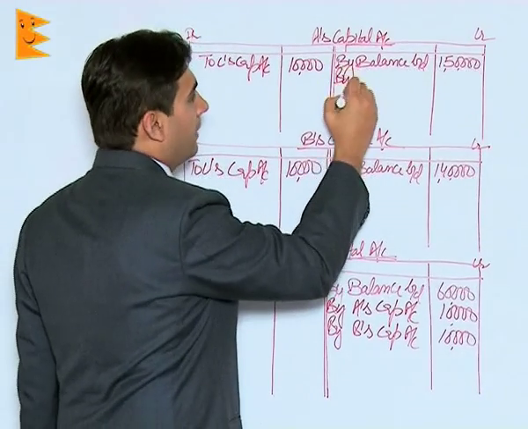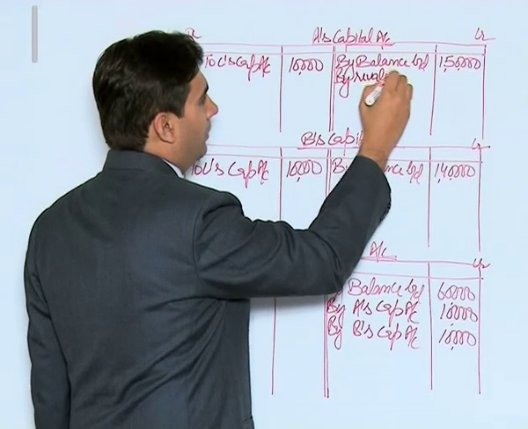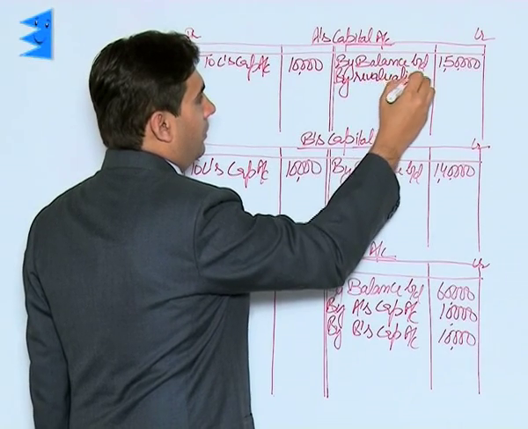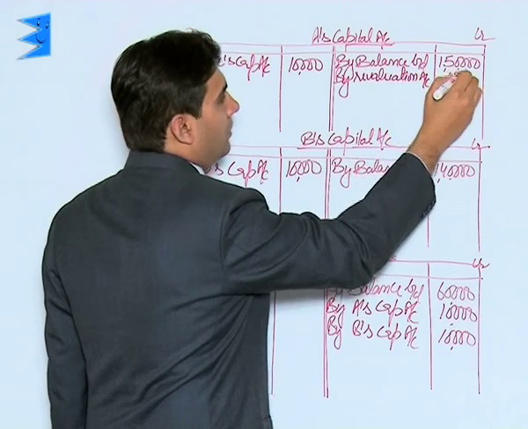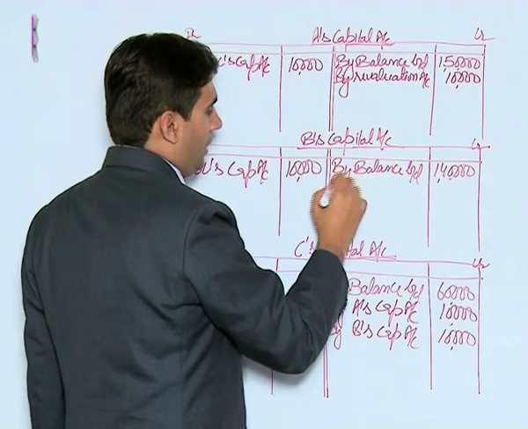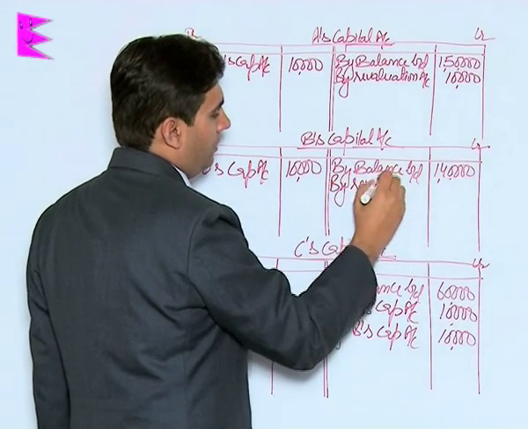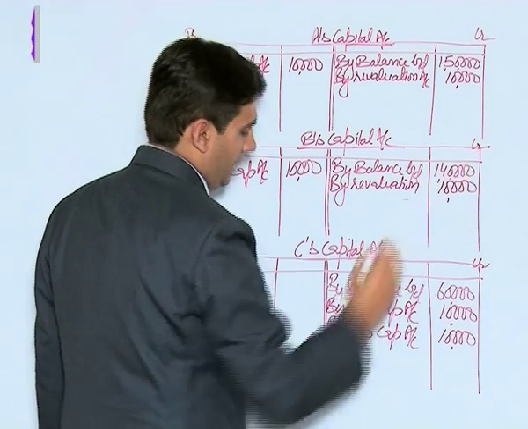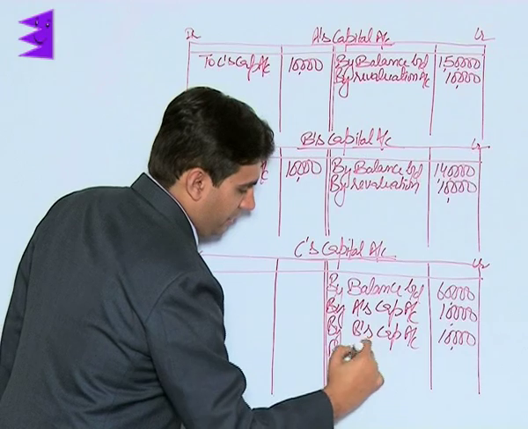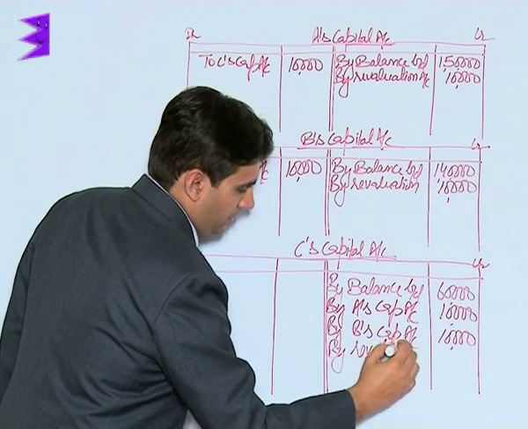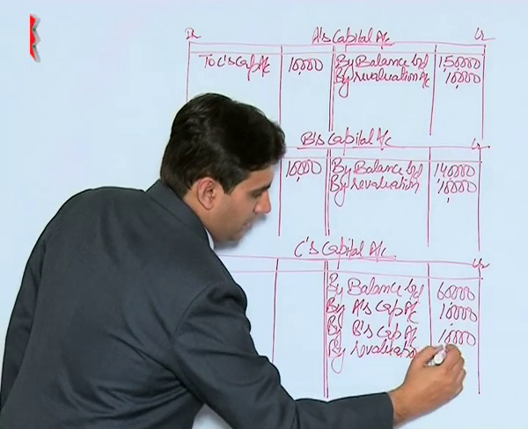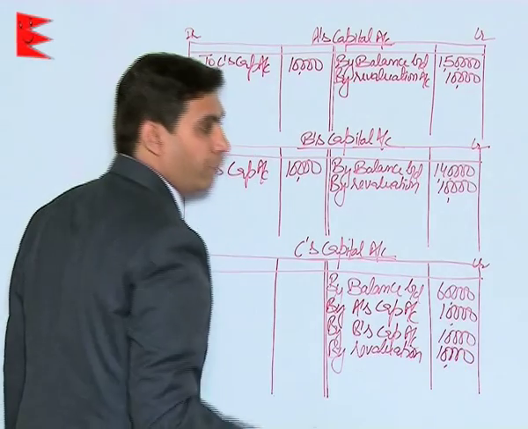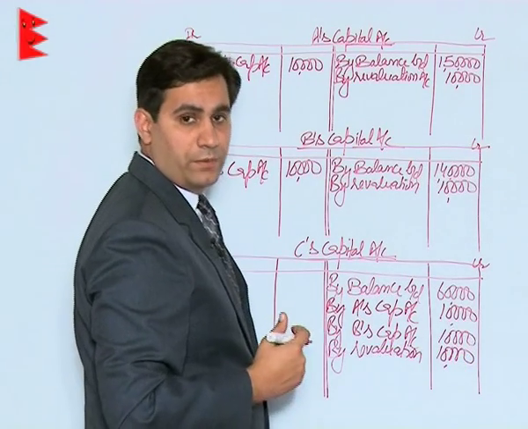So by revaluation 10,000, by revaluation 10,000, and again by revaluation 10,000, that is profit on revaluation.